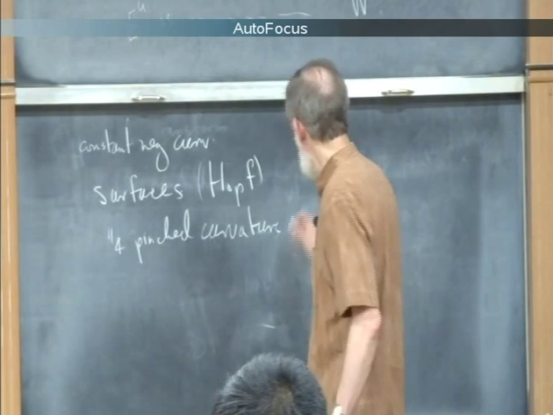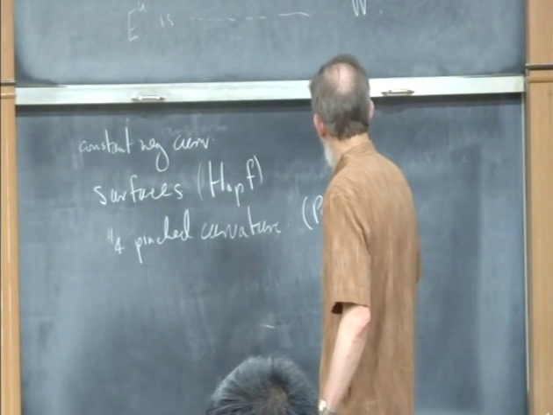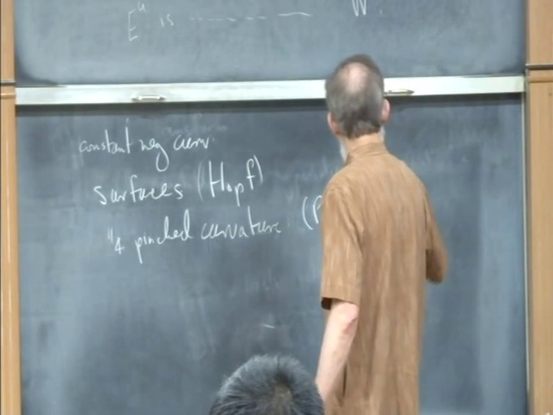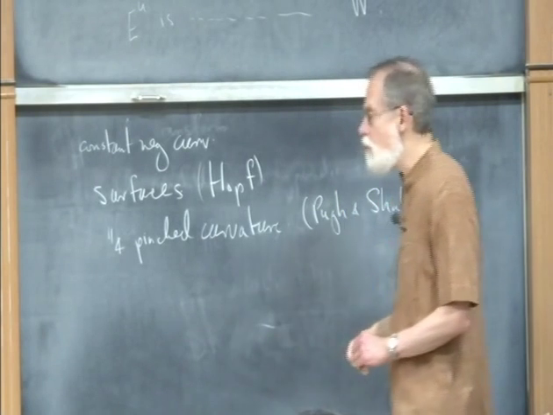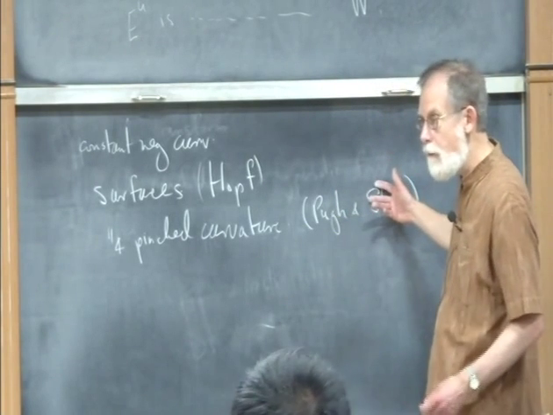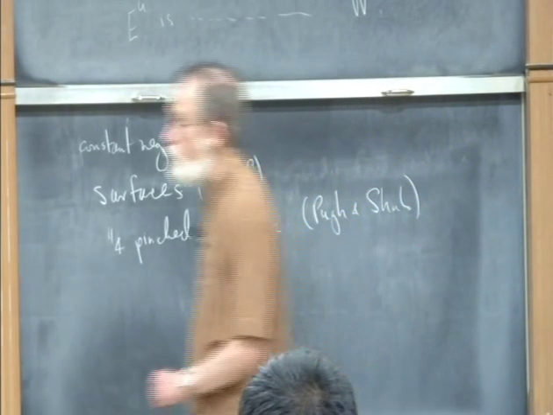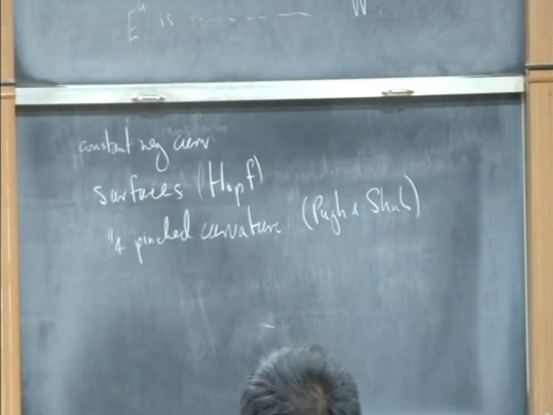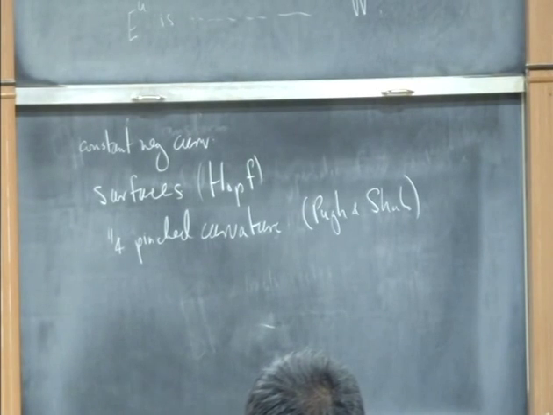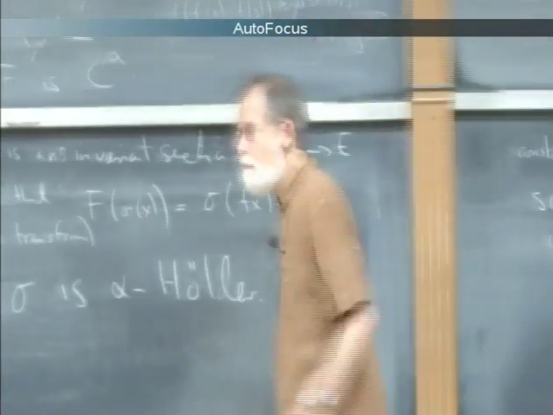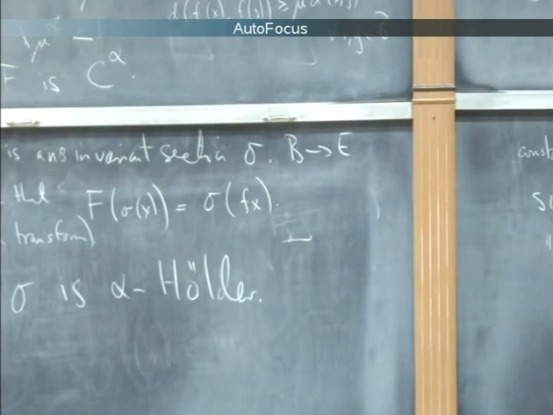And I think this was Pugh and Shub. So this came well after Hopf, who obviously did not do the sort of estimates that you're doing here. If Hopf had been doing these kinds of estimates, he might then have gotten into the sort of things that Anosov and Sinai did.